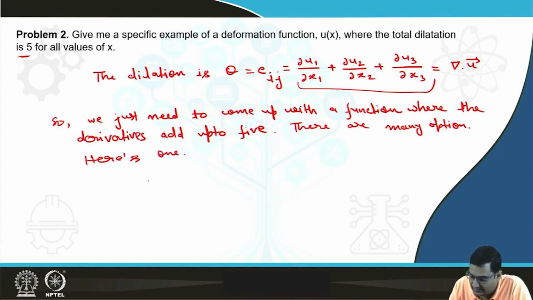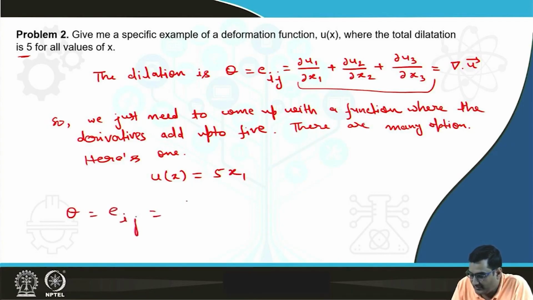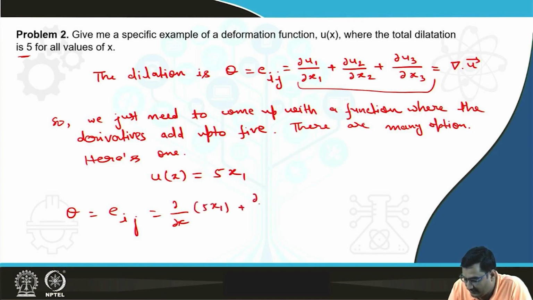Let's suppose one such example is 5x1. So when you do theta, that is Eij for del u1 by del x1, you do del by del x1 of 5x1 plus del by del x2 of 5x1 plus del by del x3 of 5x1.